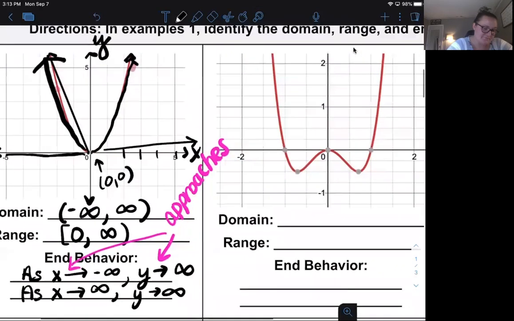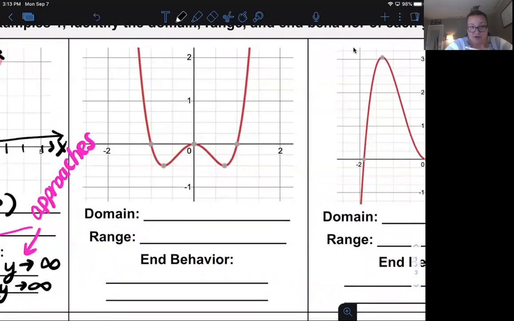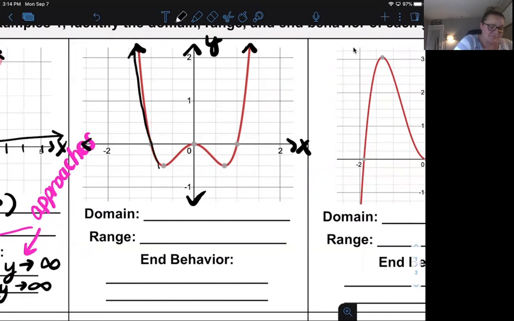Let's do this one more time with this graph here. For this graph, we're going to go ahead and add our arrows and our x and y labels for the axes. So let's talk about this domain. What is the domain of this graph? Well, because this graph extends to the left forever, we know that our x's are extending forever as well.